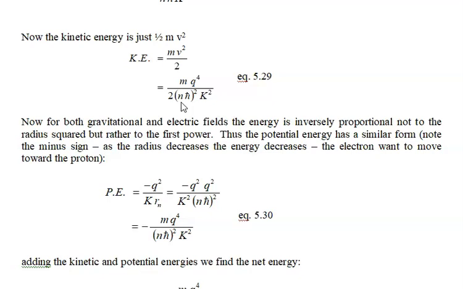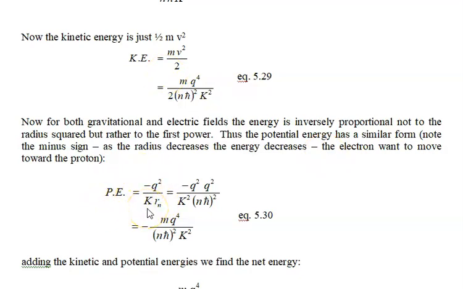Now, for both the gravitational and the electric fields, the energy is inversely proportional not to the radius squared like it is for force, but rather to the first power. That's something that perhaps you might want to review from your high school physics, or perhaps first year college physics. Thus, the potential energy has the same form as the kinetic energy.